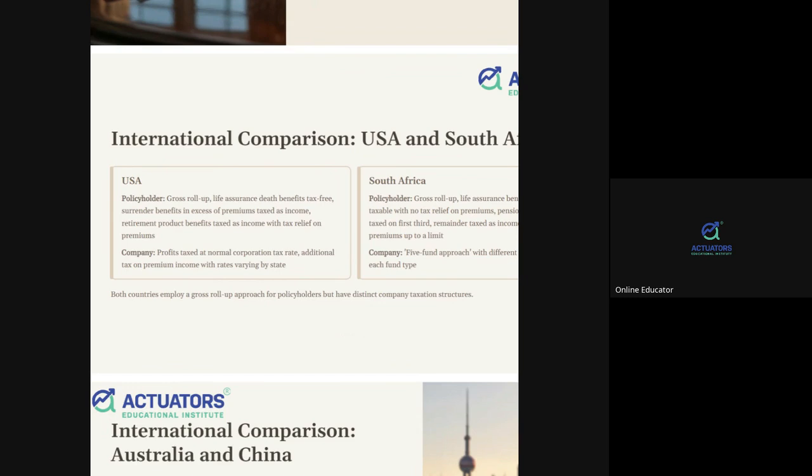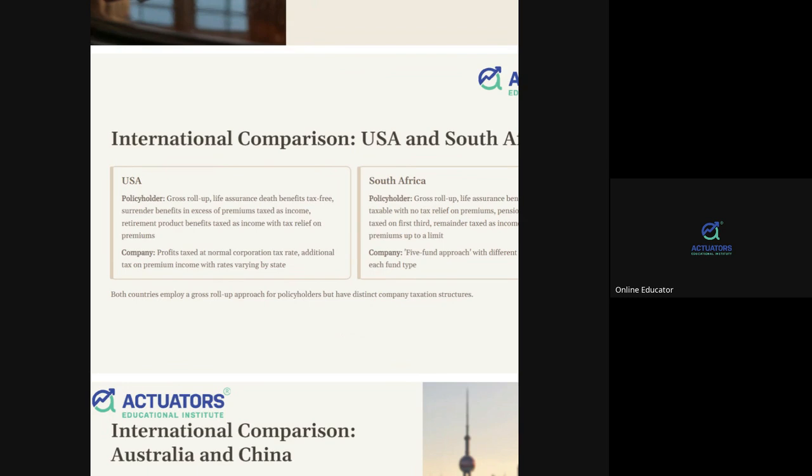When it comes to corporate taxation, the calculation is usually based on trading profits, and you have a corporate tax rate. However, there's also a premium tax payable, so a tax is also determined on the total premium you have paid. However, this rate is different for different US states.